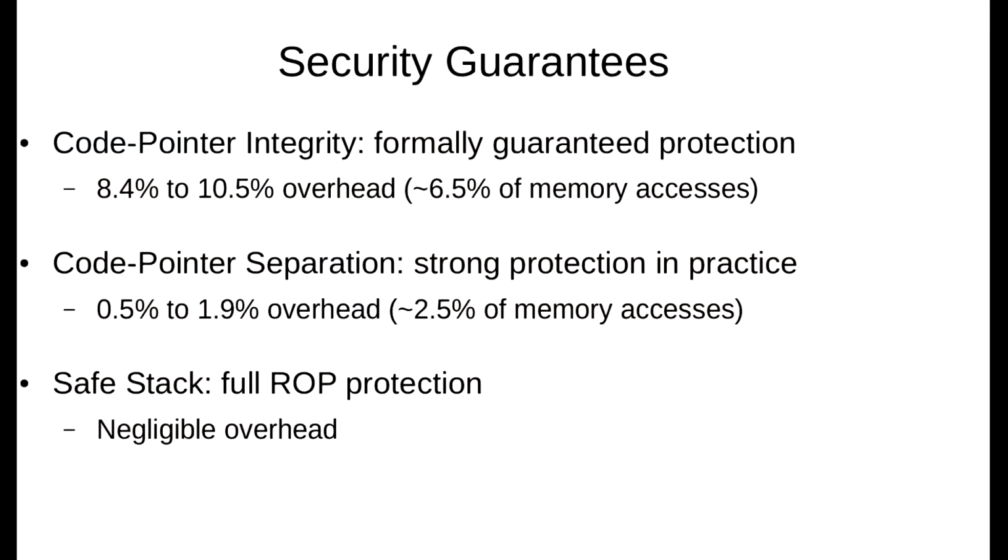What we can also do is we can only use the safe stack, which protects the return instruction pointers on the stack. And we offer full protection against return-oriented programming attacks at negligible overhead.